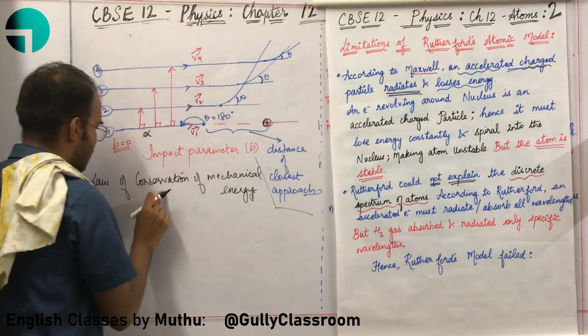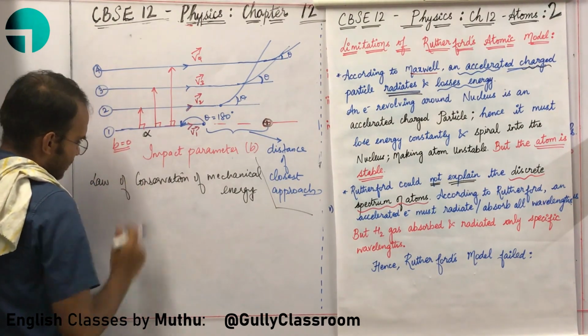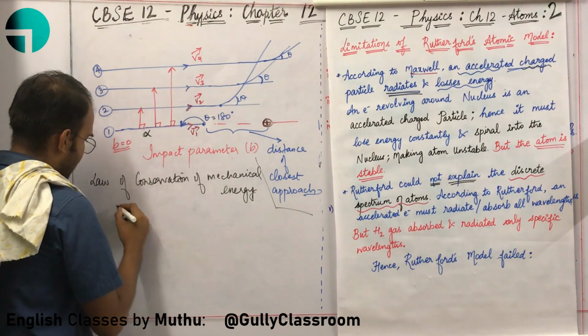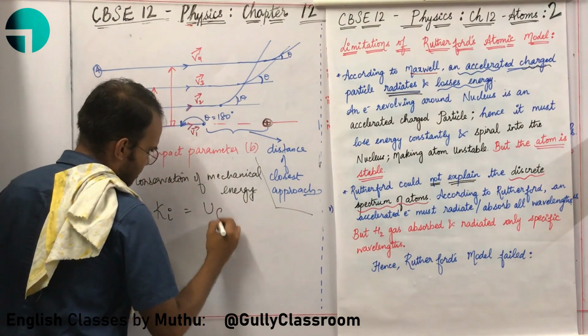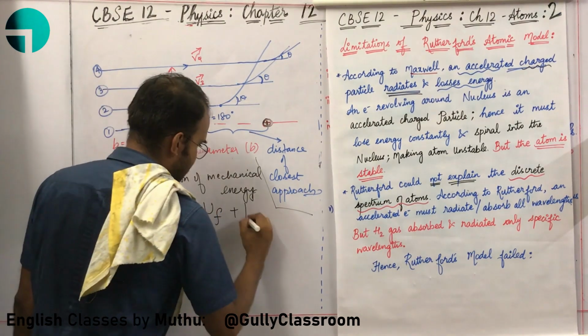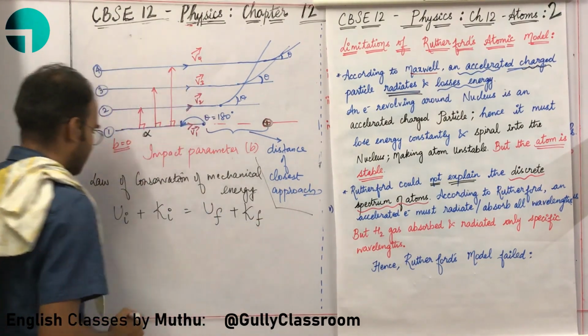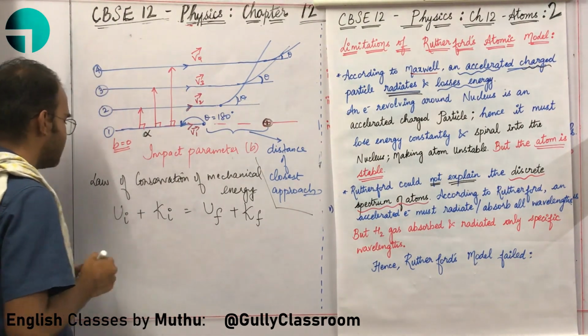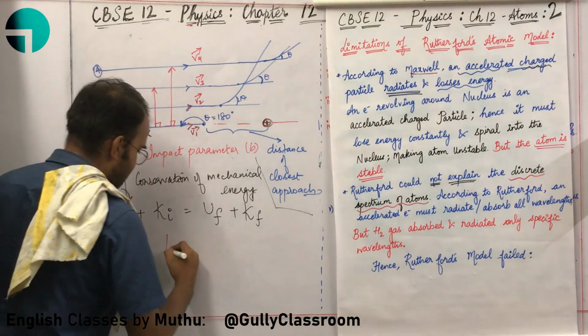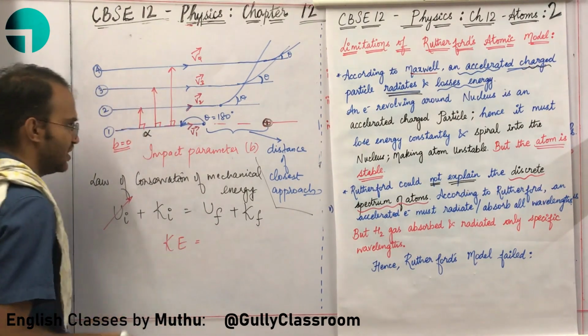Let us write it up. Initial potential energy plus initial kinetic energy is equal to final potential energy plus final kinetic energy. Initially, when the alpha particle is coming inside the system, it has no potential energy, so it simply has kinetic energy.